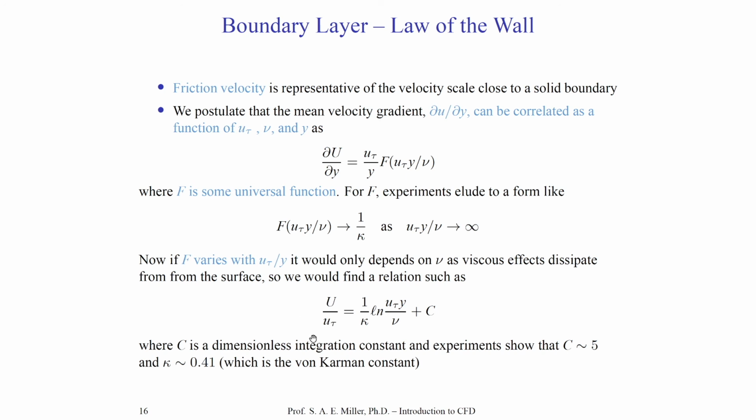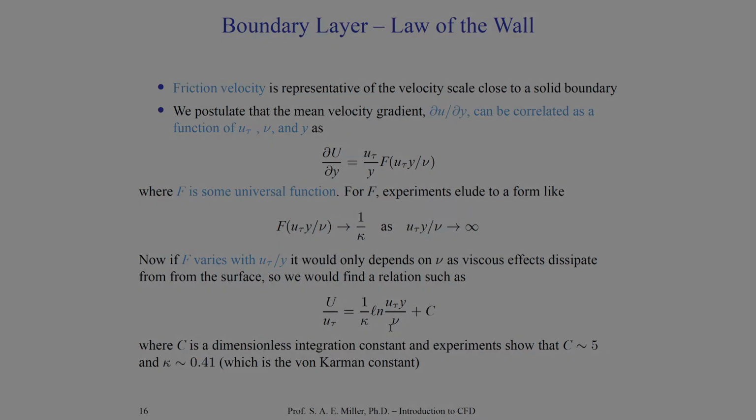The constants turn out to be dimensionless from dimensionless integration and experimental verification, that C is approximately 5 right here. Kappa will be 0.41, which is derived theoretically from the theory. So now we have what we call the law of the wall, that the velocity in a fully turbulent boundary layer away from the wall varies logarithmically, which is a key fact in the theory of turbulent boundary layers.